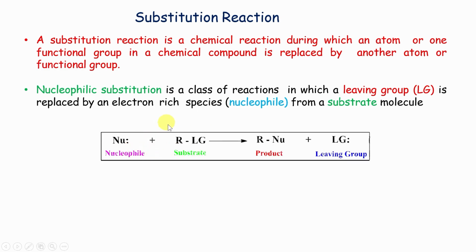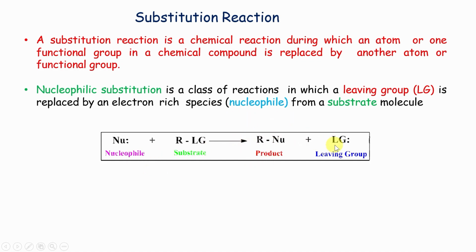See, it is the general representation of nucleophilic substitution reaction. You can see the nucleophile with its lone pair of electrons attacks the substrate molecule. From the substrate molecule, the leaving group departs to form the product.